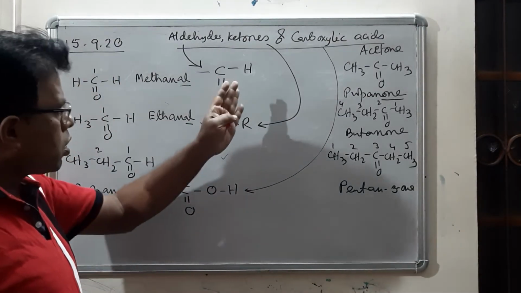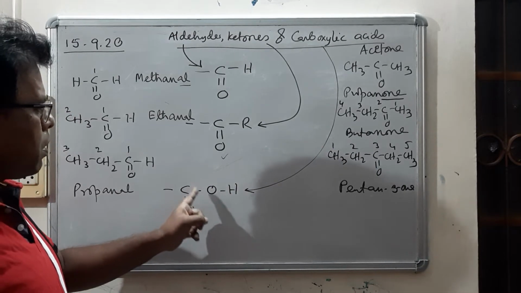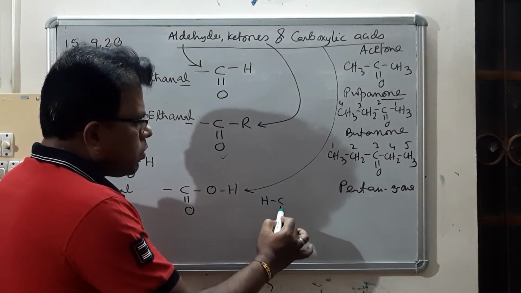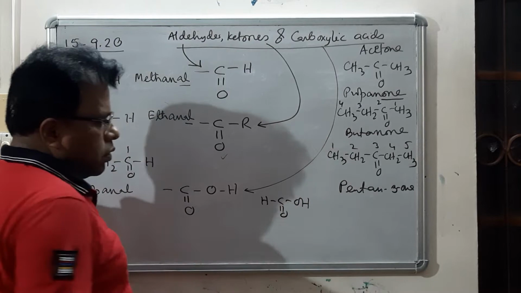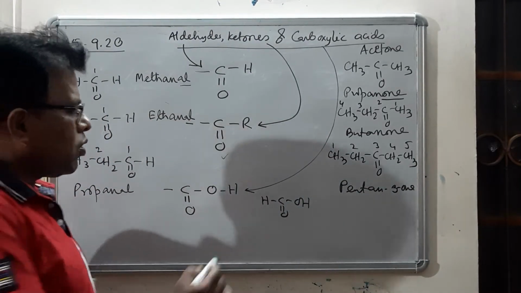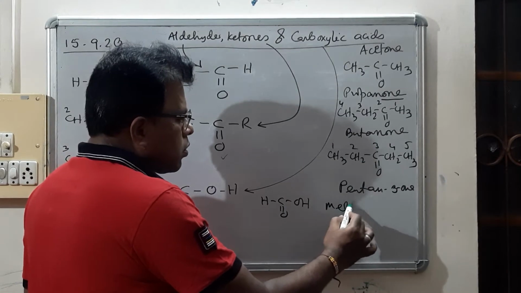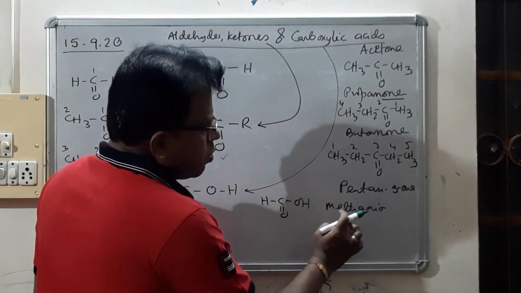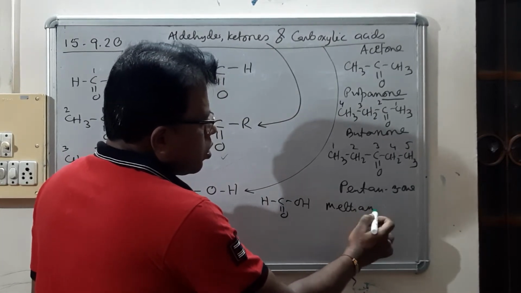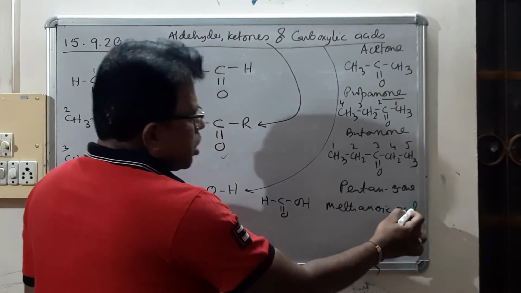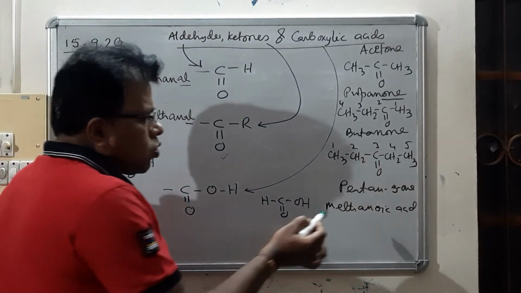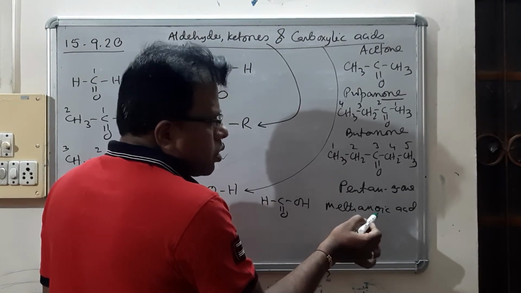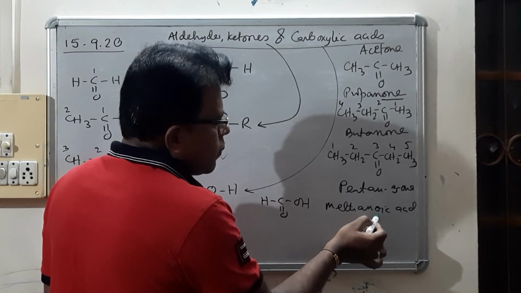Now, how are carboxylic acids named? The first member of the carboxylic acid family is HC double bond OH. So its name is methanoic acid. So here, this is not a primary suffix, actually it is a secondary suffix.